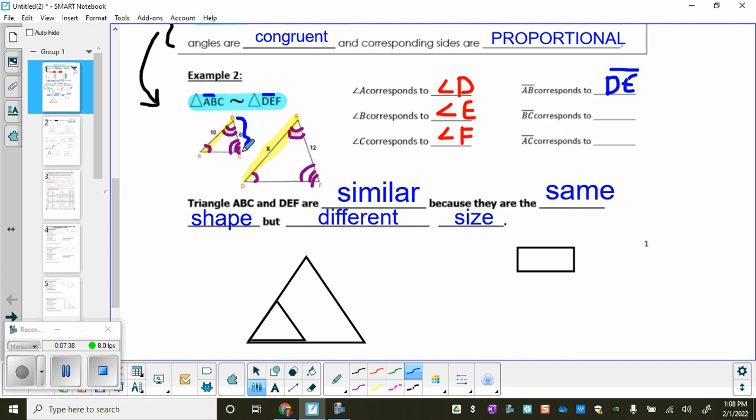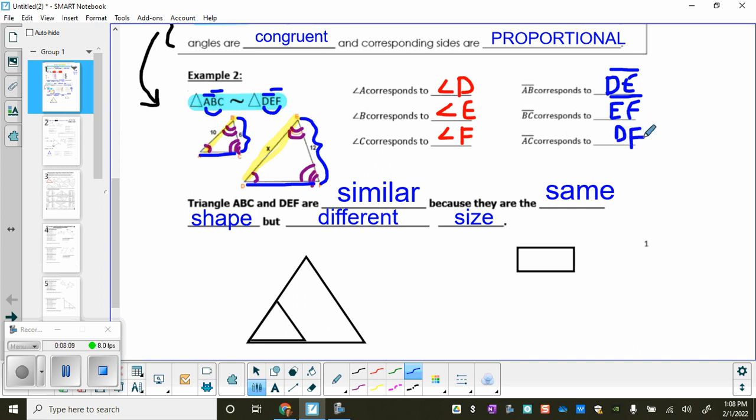This is side BC. So that's going to be this side over here, E to F. And again, see how BC this time is the second 2 letters? So EF is the second 2 letters, and it matches up just like that. And last but not least here, we're talking about A to C. So the bottom side, A to C. So that's going to be D to F.